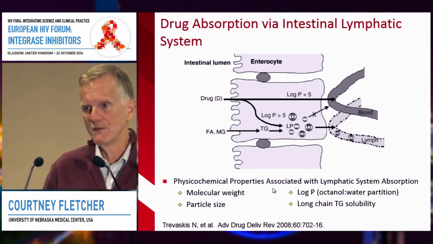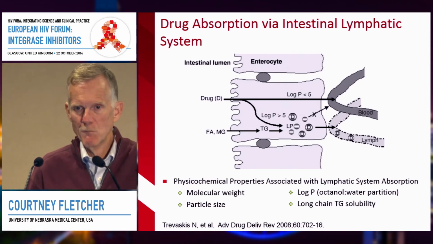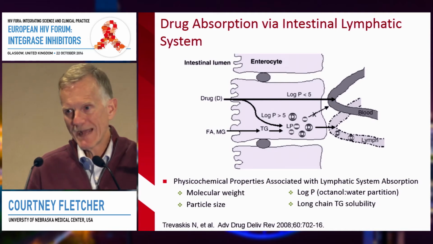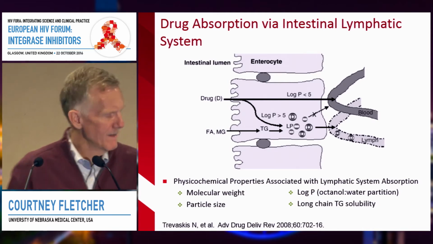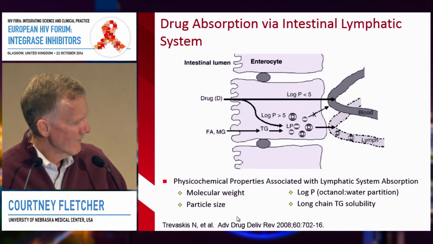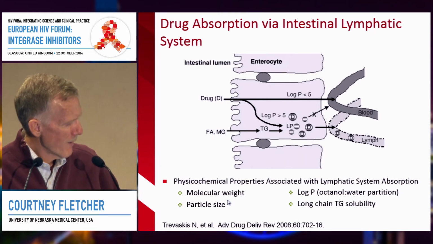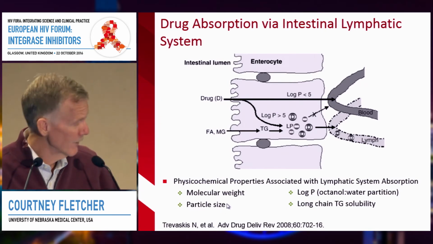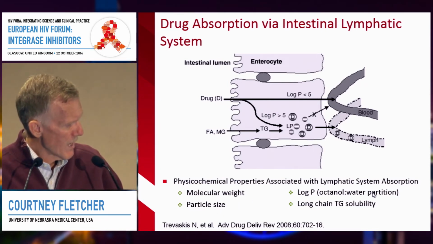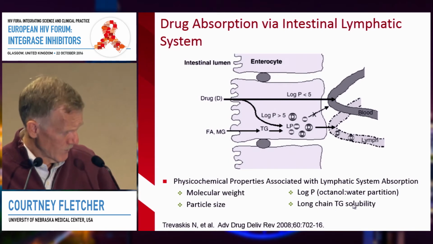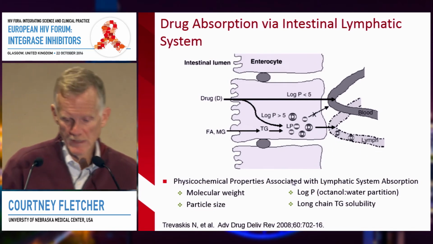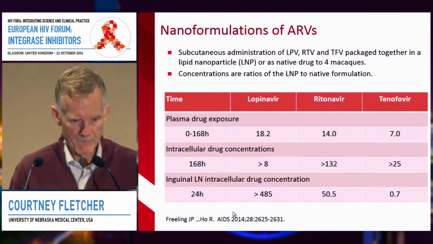So there's a driving force already to move drug into the blood, into the portal vein. So that's a barrier right there. And then, drugs that have higher molecular weight, with particle sizes that are probably in the 50 to 100 nanometer range, log P partition coefficients greater than 5, and greater long-chain triglyceride solubility, that's going to help preferentially move those drugs into the lymph.